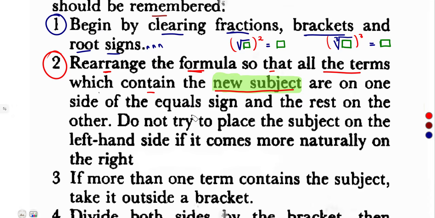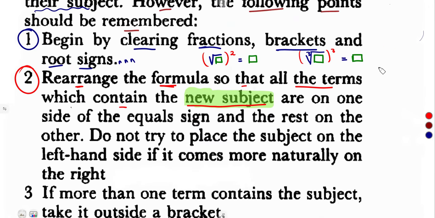Let's say there are more terms which contain x. You want to make x the subject. This is what they're trying to say. There is 2x, then it is equal to here. We also have 3xa plus b, something like that. We want to make x the subject. There is x here, there is x here.